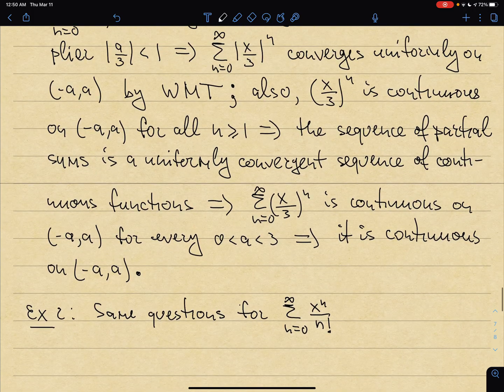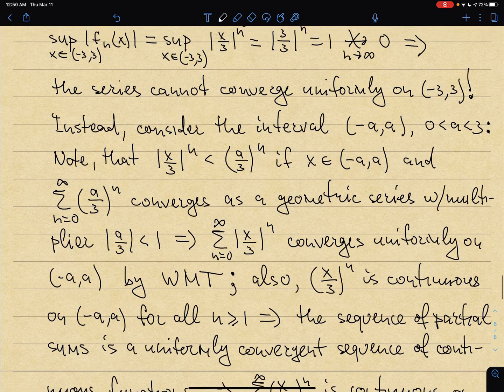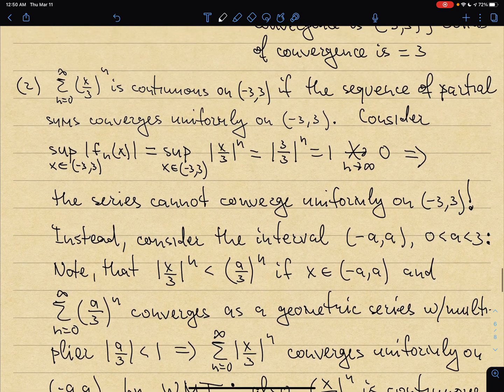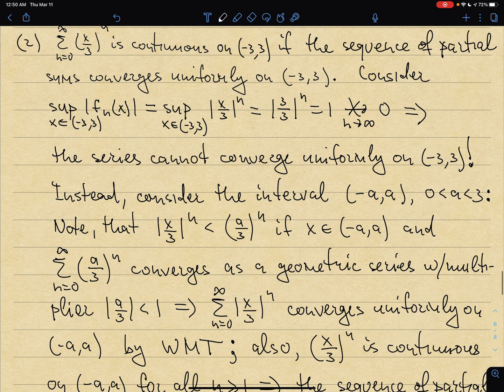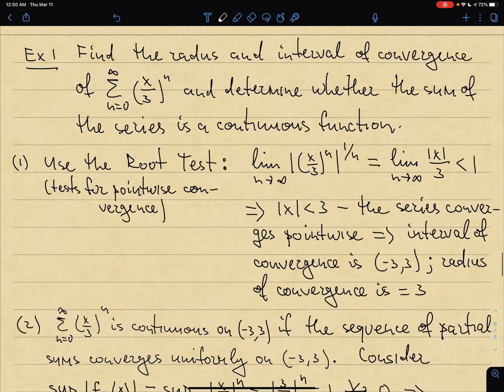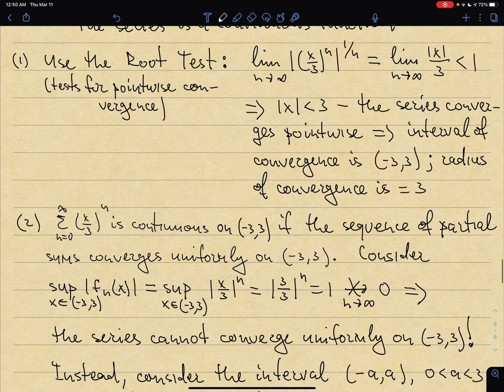Now, remember that when I was looking for the interval and the radius of convergence, what did I do first? I used the root test to prove pointwise convergence. And then I had to do something else to prove uniform convergence. If I could prove uniform convergence immediately, then pointwise convergence is a weaker statement.